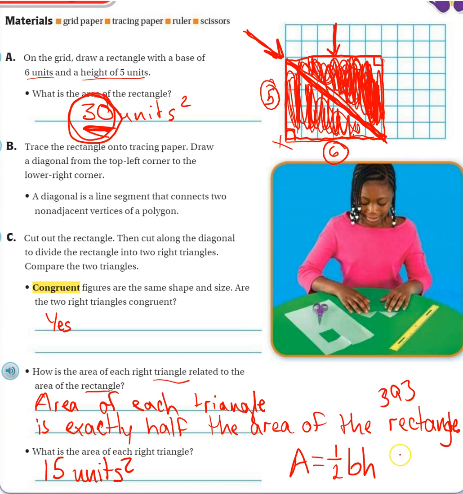They both mean the same thing. Both of those equations mean the same thing. And then you just plug in the numbers and solve. All right, thanks for watching, and I'll see you on the next one.